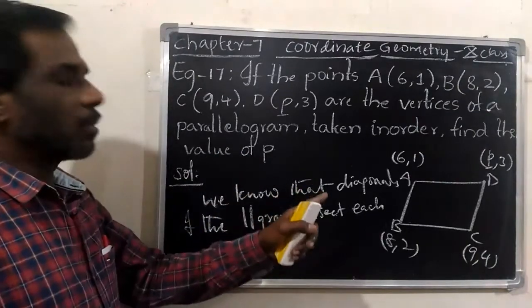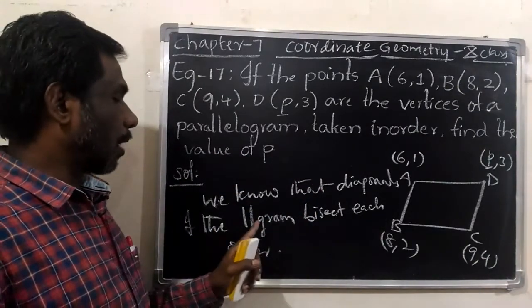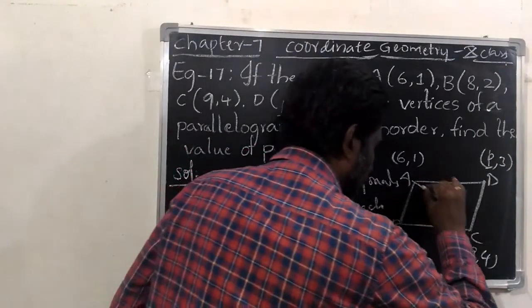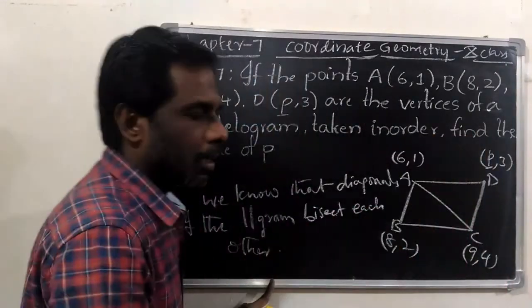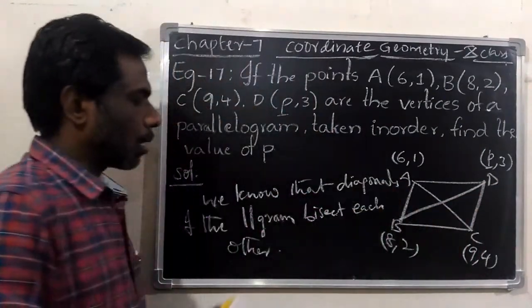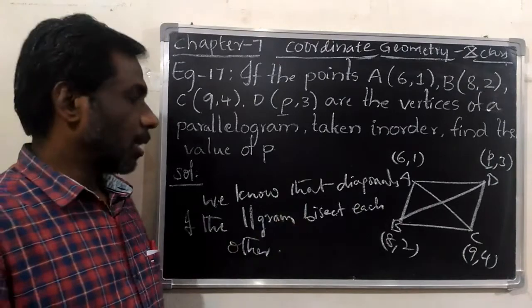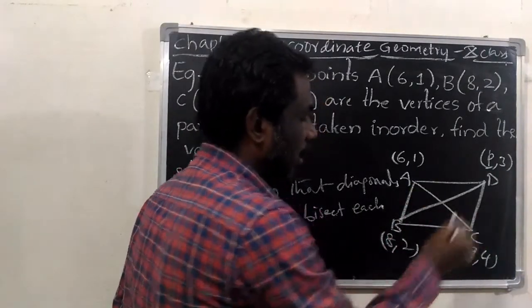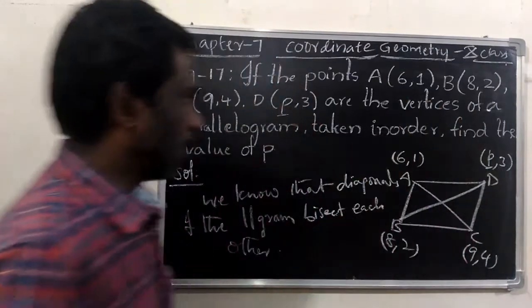We know that the diagonals of a parallelogram bisect each other. It means AC is one of the diagonals and BD is the other diagonal. These two bisect each other. It means the midpoint of AC equals the midpoint of BD.